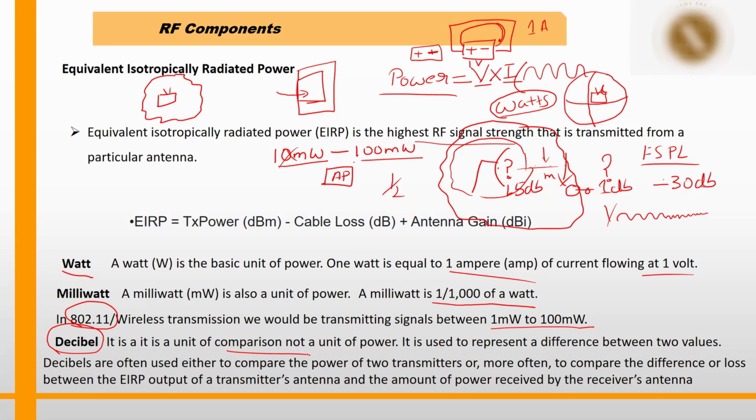It is used to represent a difference between two values. Decibels are often used either to compare the power of two transmitters or, more often, to compare the difference or loss between the EIRP output and the amount of power received by the receiver's antenna.